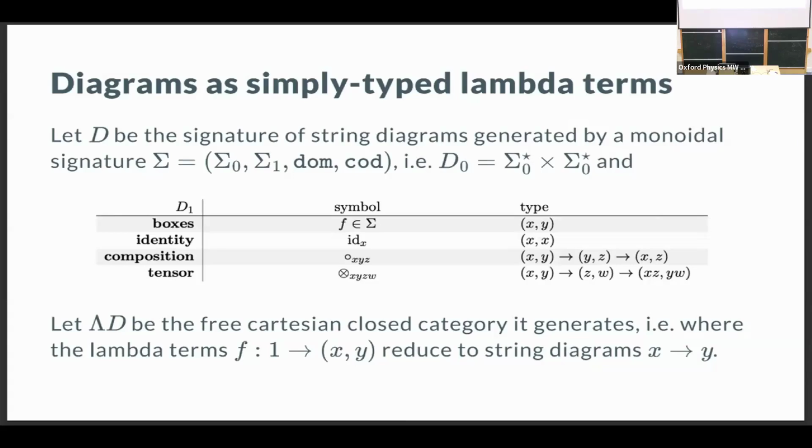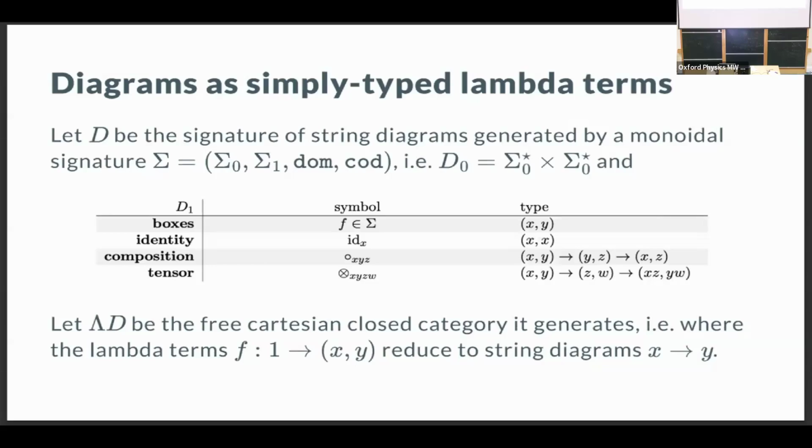And so now the lambda-d that you get, this free Cartesian closed category, it will be such that the lambda terms, the closed lambda terms, reduce to string diagrams. So essentially here, a lambda term will be the syntax tree for a well-typed string diagram, which goes from x to y.